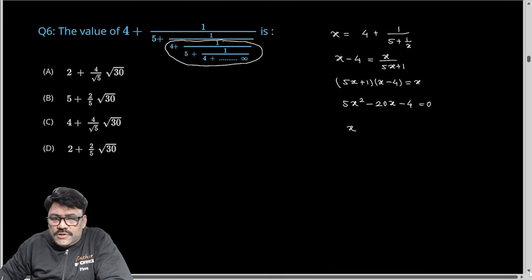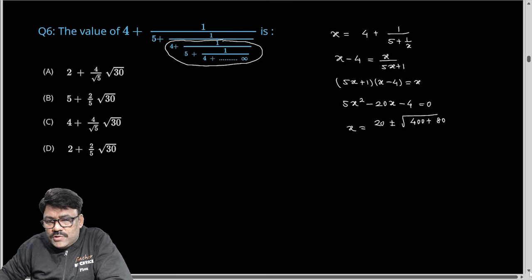Now if you use quadratic formula here, so this is 20 plus minus under root 400 plus 4 into 4 into 5, 80, divided by 10. So you are getting what? 20 plus minus. Let's take 16 common here.